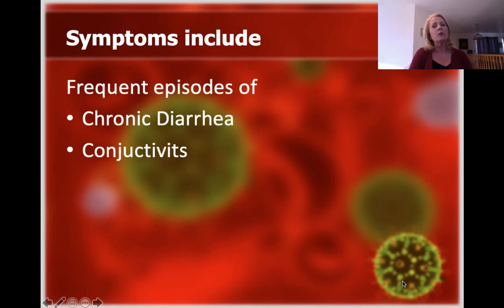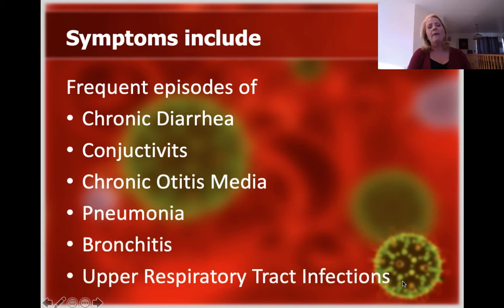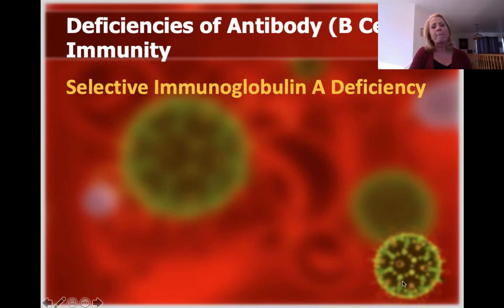And these symptoms would include things like chronic diarrhea, conjunctivitis, chronic otitis media, which is infection in the middle ear. And then you have pneumonia, bronchitis, upper respiratory infections. These are frequent problems that happen over and over again.